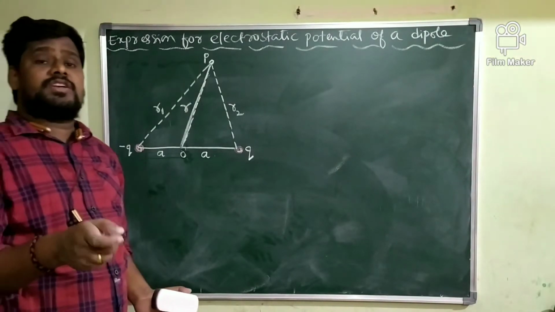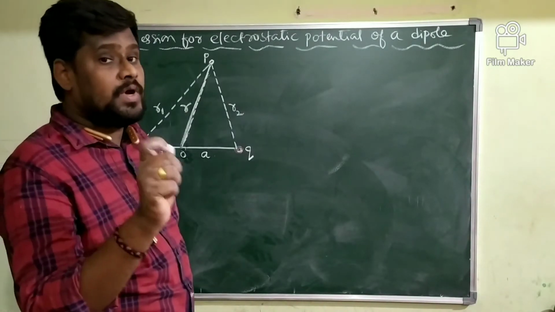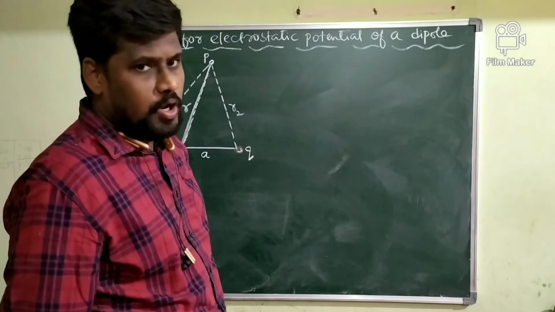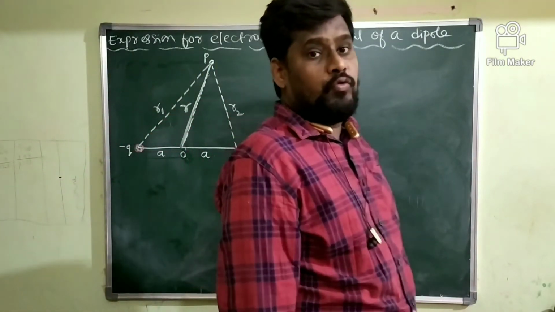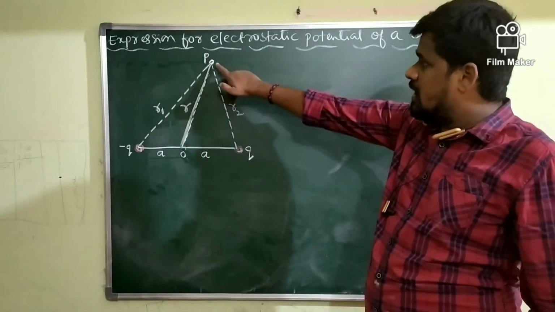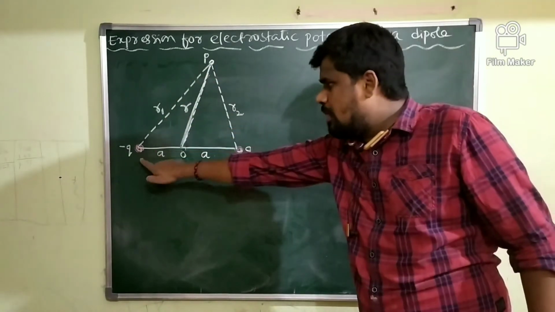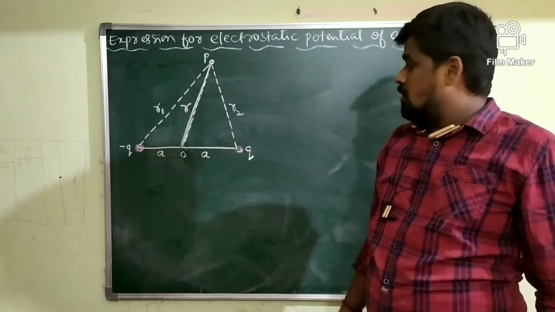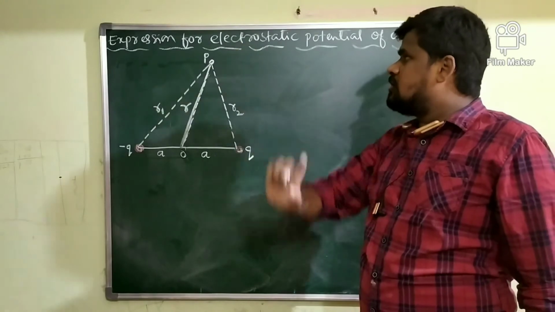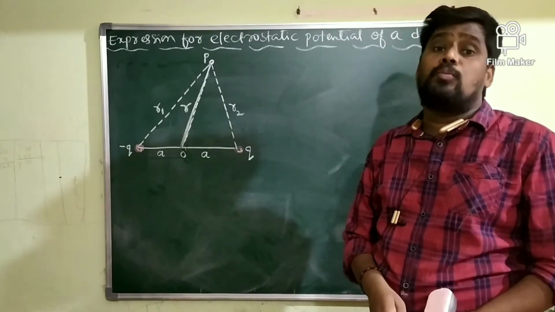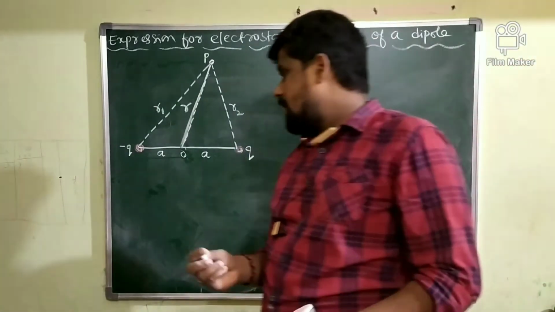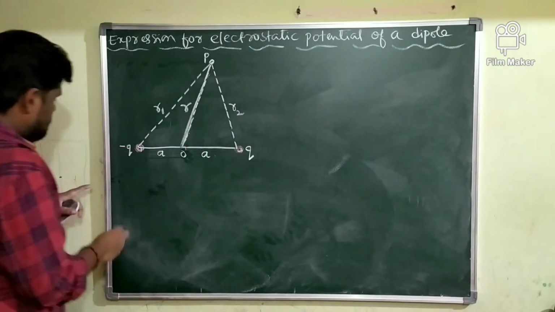Those two potentials I will call V1 and V2. Tell me what are V1 and V2 here. V1 is a potential at point P due to minus q charge. V2 is a potential at point P due to plus q charge. Let me write the value. What is V1?